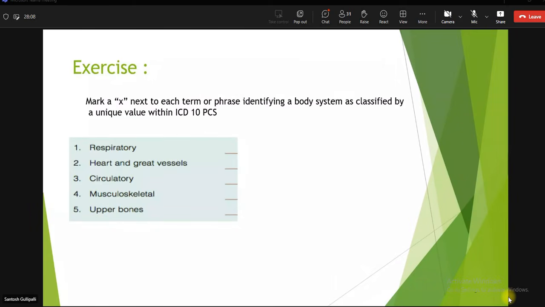Respiratory system is there, so you can assign X. Heart and great vessels is a body system, so assign X. But circulatory system is not there, leave it blank. Musculoskeletal is also not there, leave it blank. Upper bones is a body system. So 1, 2, 5 are the correct answers, and 3 and 4 are blank.